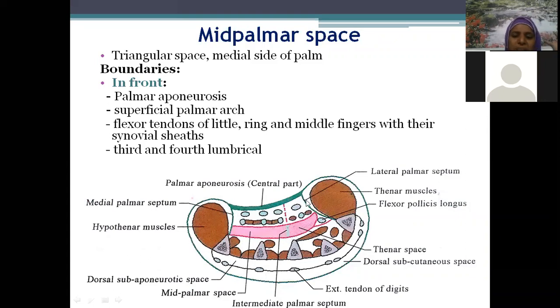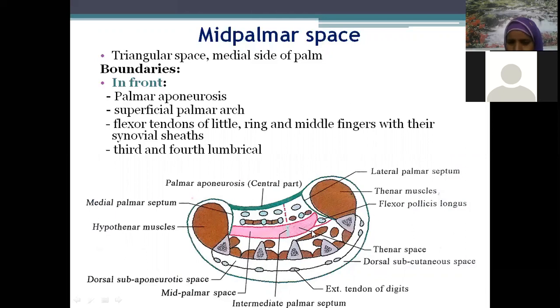Below the superficialis tendon, we have flexor digitorum profundus and lumbricals. Below this, you have the mid-palmar space. Below this, what are these? Though not labeled, these are metacarpal bones. From the palmar aspect, can you name these muscles? Palmar interossei.